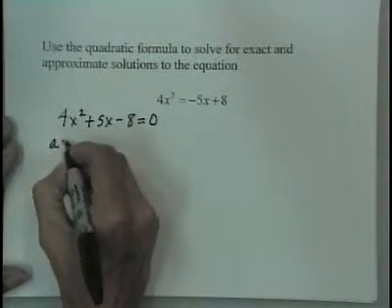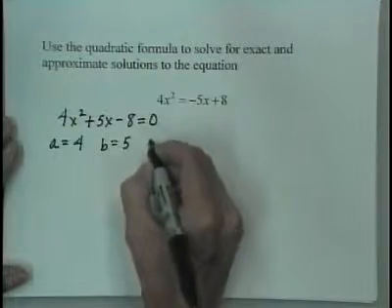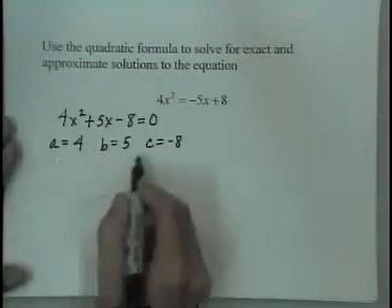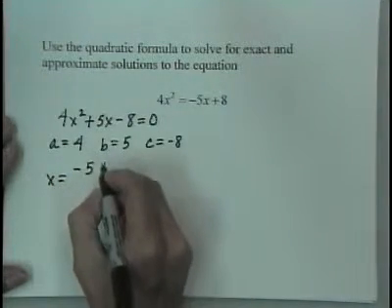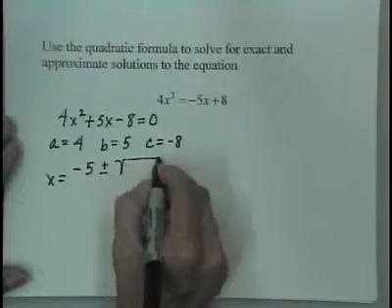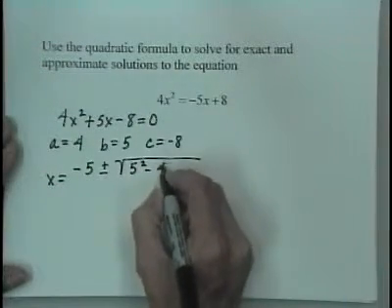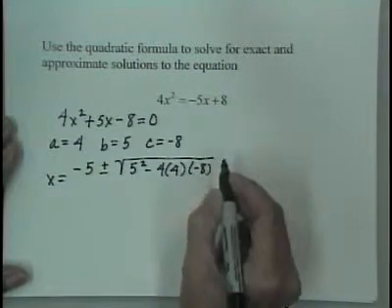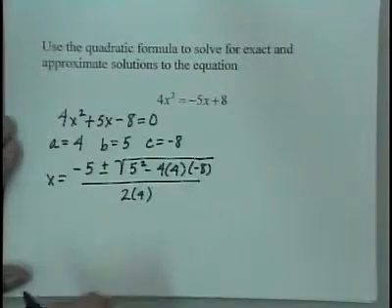In the quadratic formula, a is 4, b is 5, c is negative 8. Substituting those values in, x is equal to negative 5 plus or minus the square root of 5 squared minus 4 times 4 times negative 8, divided by 2 times 4.